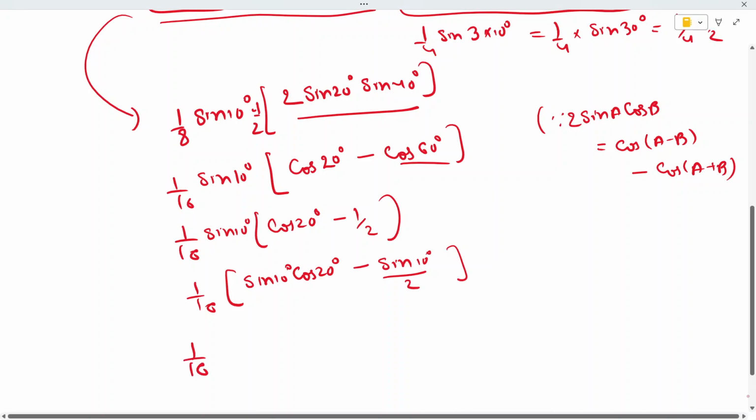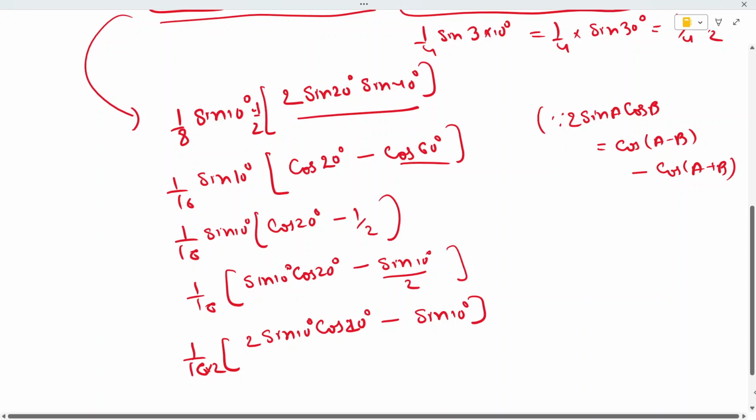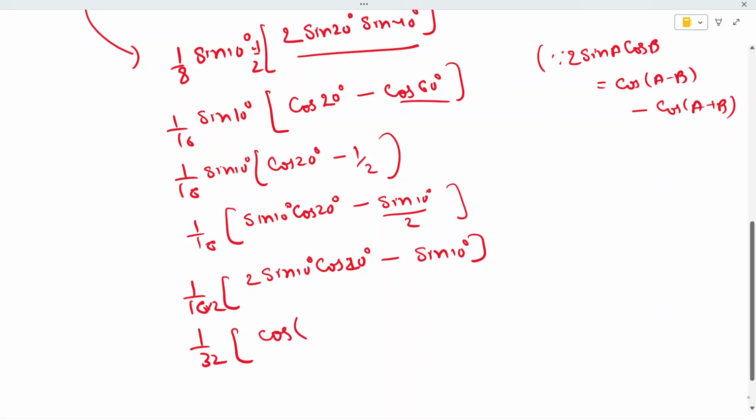So what we get is 1/16 into 2 sin 10 degrees cos 20 minus sin 10 degrees. Again we use the formula 2 sin a cos b. Okay. Now let's use the formula again. 1/32.